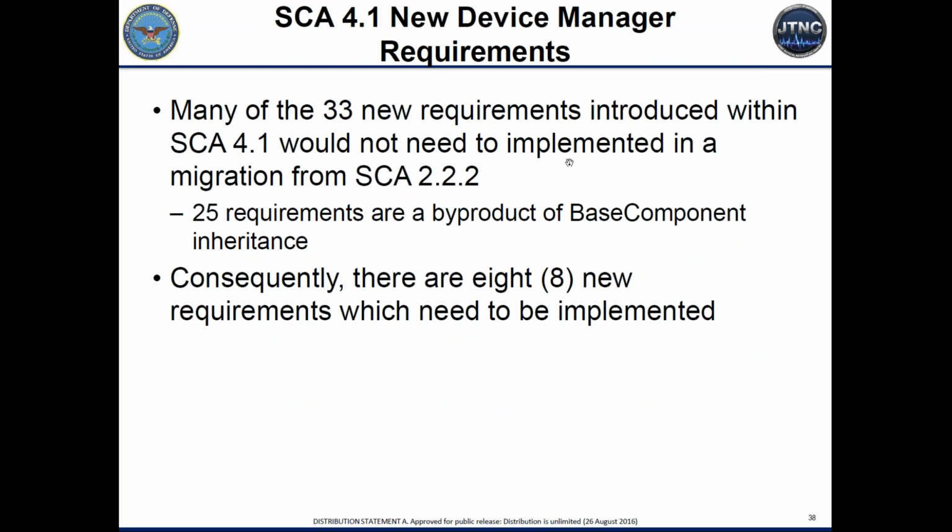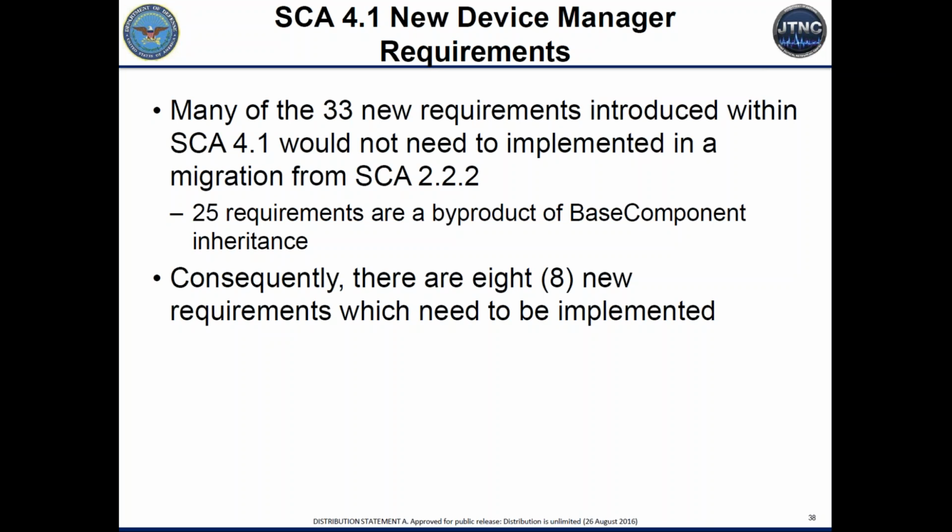So when we look at the new requirements, there are a number of those that won't need to be implemented because they are associated with those interfaces that don't need to be supported within 4.1. If you ask why I included those within the requirements count, I probably couldn't give you a good answer to that now.